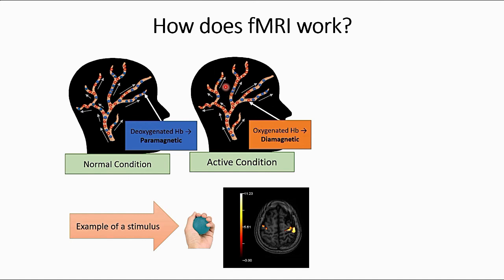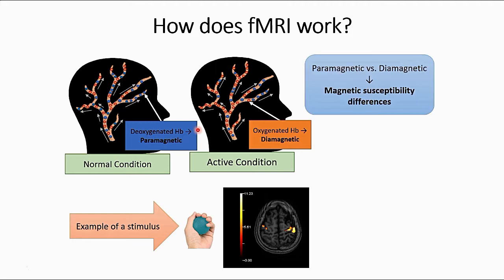This changes the magnetic properties of oxygenated and deoxygenated blood in the blood vessels within the activated brain regions, which induces magnetic susceptibility differences between the blood and the surrounding tissues to obtain MR signals in the brain that allow the study of brain function.